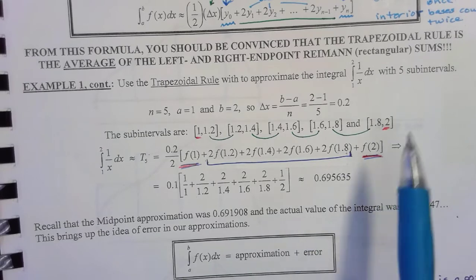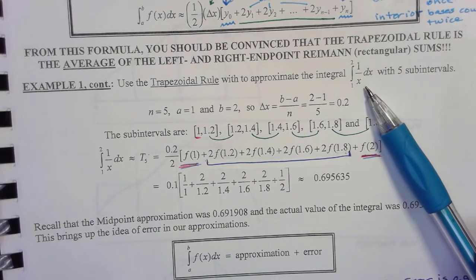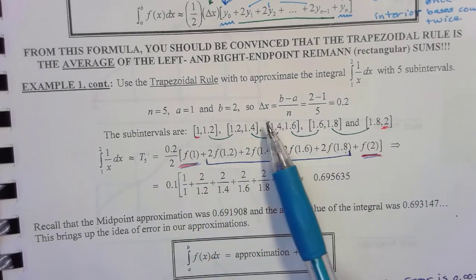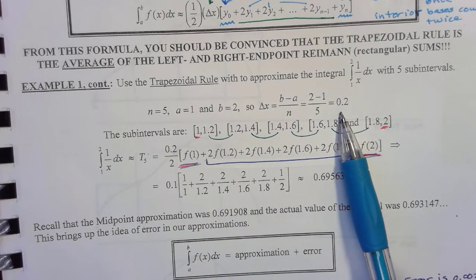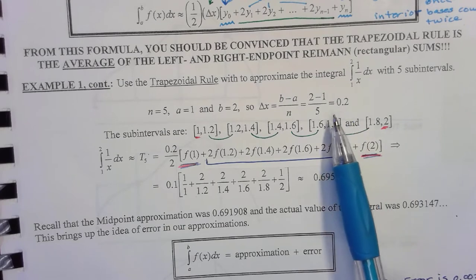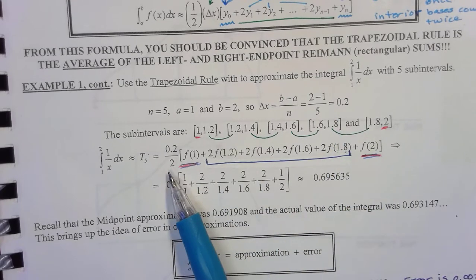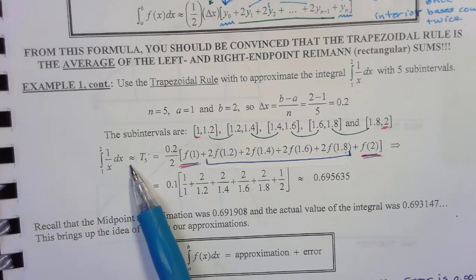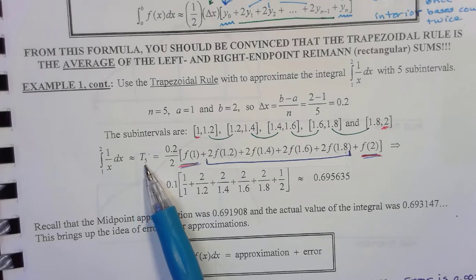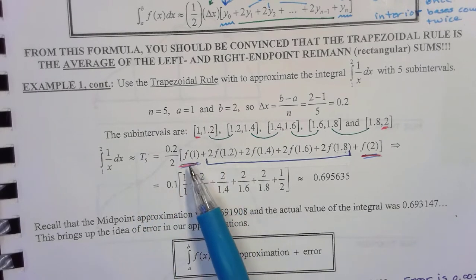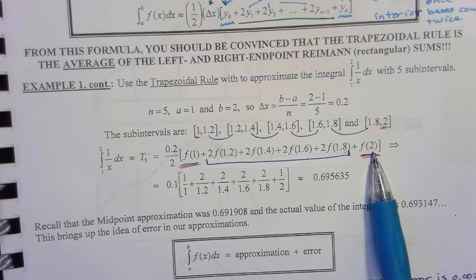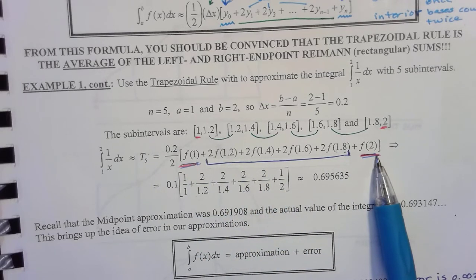So let's go back to the very first example that we did. The integral from 1 to 2 of 1 over x dx with 5 subintervals. We found our delta x to be 0.2. And our formula calls for 1/2 delta x, so 0.2 over 2. Notice I'm going to approximate using a trapezoidal approximation. The first and last x's are evaluated and used once.